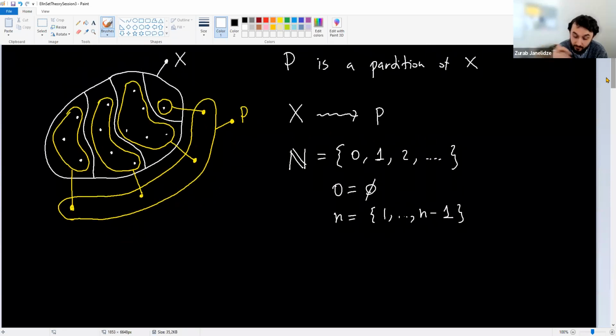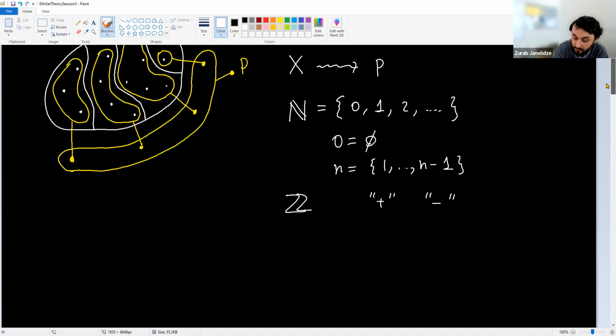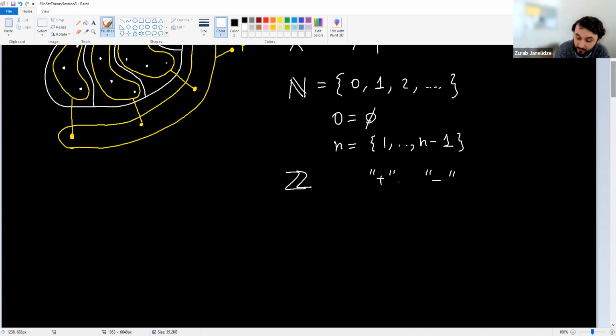Okay, so now once we have constructed the set of natural numbers, then we can create the set of integers by choosing two symbols. One will represent plus and the other will represent minus, and this could be two randomly chosen sets.